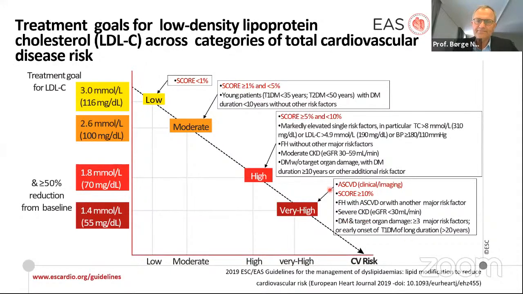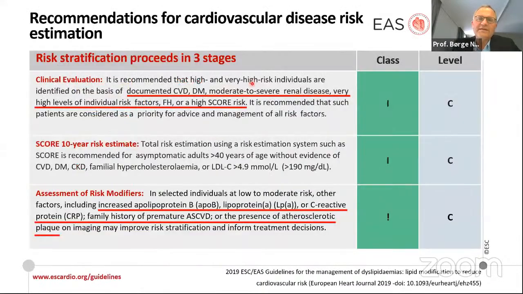And then less severe disease are high risk, corresponding to a SCORE of more than 5 to less than 10% of fatal cardiovascular disease. Then there's the moderate risk between 1 and 5%, and then there's the less than 1% SCORE risk.